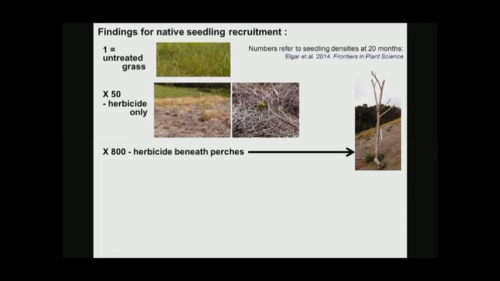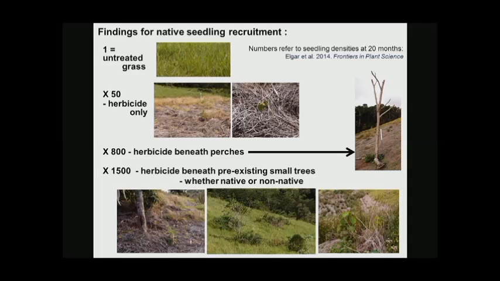But more interestingly, this is a fairly limited perch. In fact, shrubs will grow up in pasture, and they've also provided a perch and perhaps food resources for the birds. If we look under these shrubs and we kill the grass with herbicide, we get a 1,500 times increase in the amount of native tree seedling recruitment.